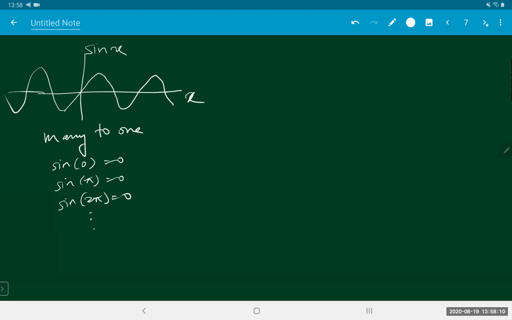So this is many to 1. And is it into or onto? Well, let's say this is f from R to R. Then I will say this is into, because sine always takes values between -1 and +1. So all of these values, 2, 3, etc., -2, -3, are unused. There are no real numbers for which sine of that number gives you 2. So this is an into function.